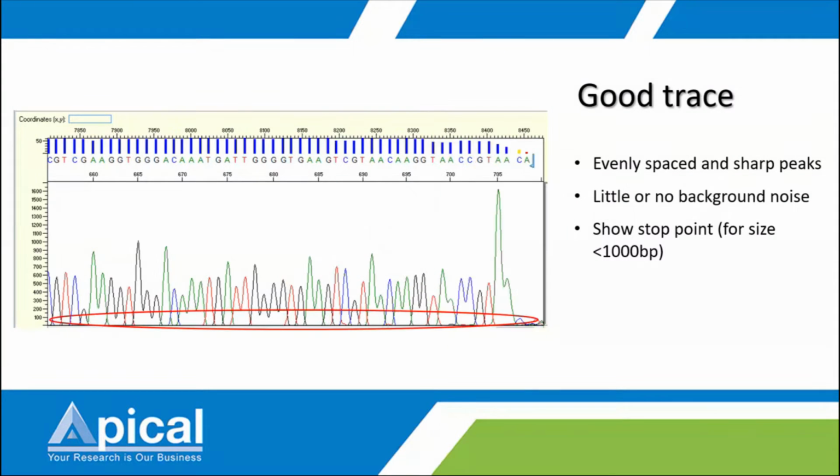Then there should be no background noise, or very little background noise, which is acceptable as long as the quality values show in blue. If your sample size is shorter than 900, then you should find a stop point at the back of your sequencing result.